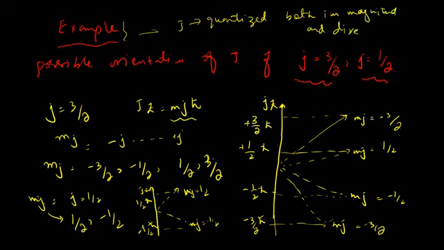So only specific orientations of the total angular momentum vector are possible, as you have seen in this example: for J equal to 3/2 only these specific orientations are possible, and similarly for J equal to 1/2 only these two orientations are possible.